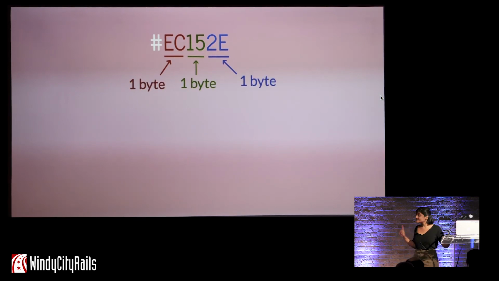Remember, we can have 16 possible values for each of these digits, because we're working with hexadecimals.